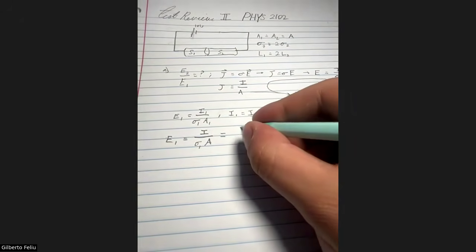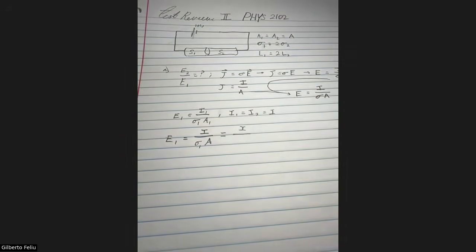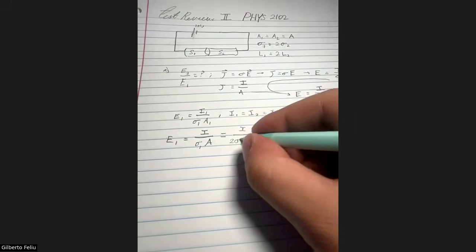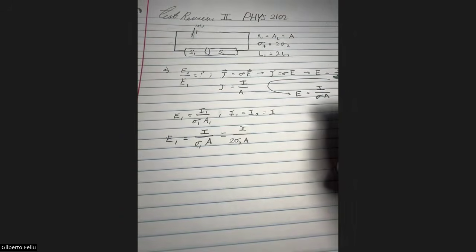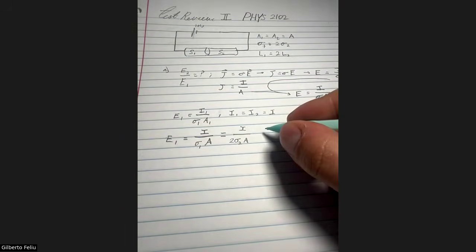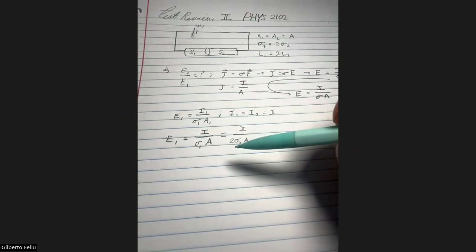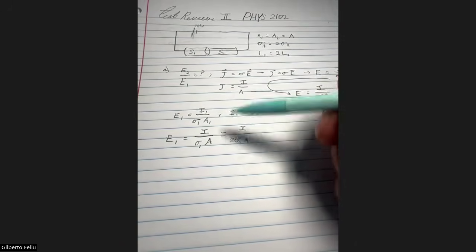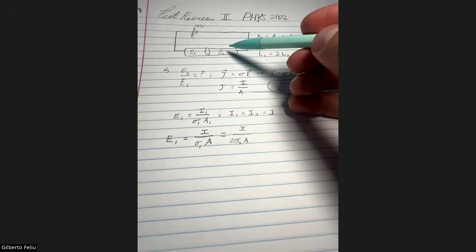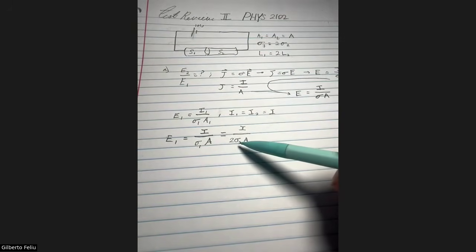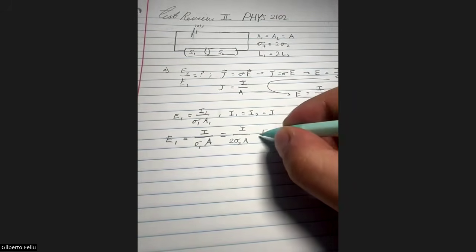So what we get from this via substitution is 2 sigma 2 times A. And now let's create the same kind of expression for the second segment in terms of this specific conductivity.